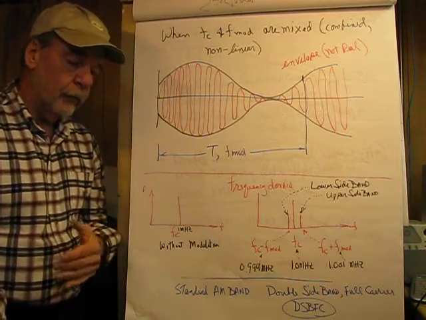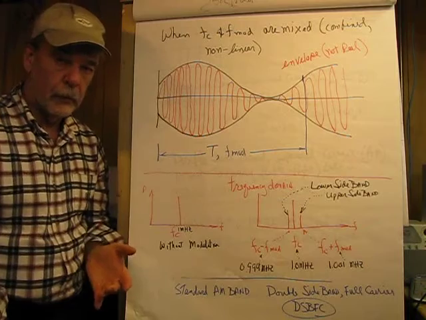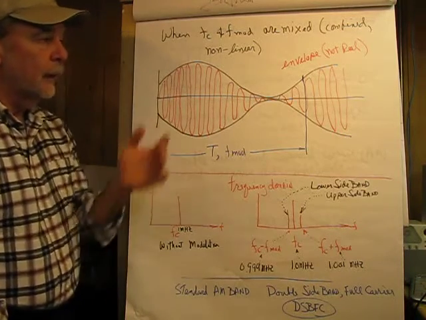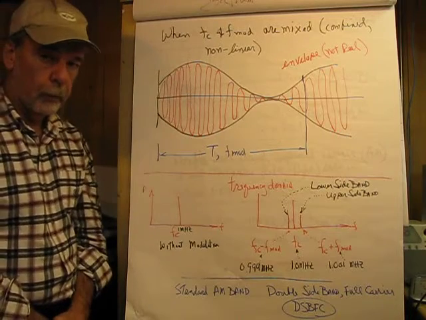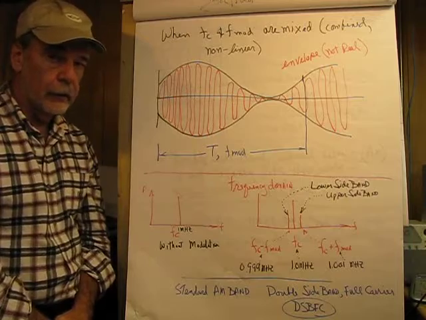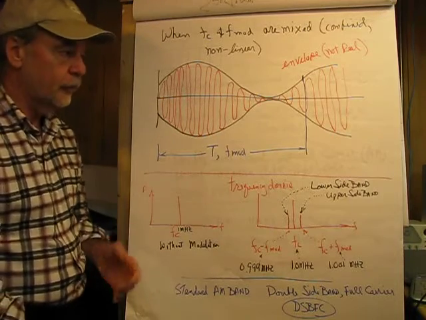An example of a linear mixer would be a mic mixer in a public address system. Don't want any distortion. In this mixing, the whole purpose is to generate cross products. And if it wasn't for nonlinearity, we wouldn't have modulation.